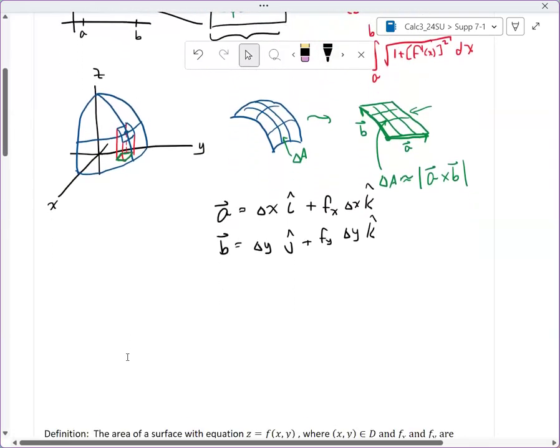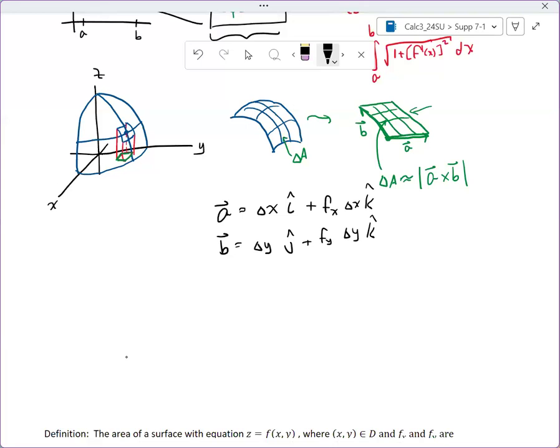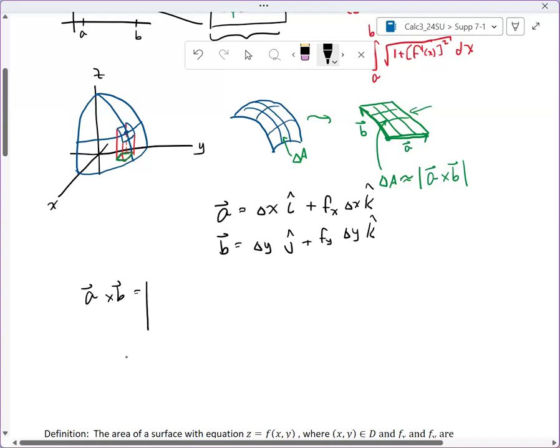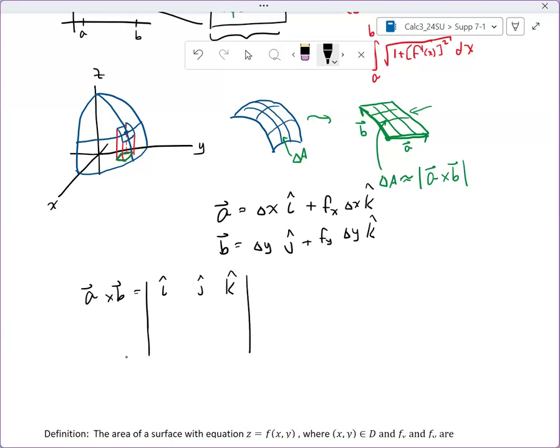Okay, so let me take the cross product of these two vectors. So A is delta x, 0, fx delta x, and B is 0, delta y, fy delta y.